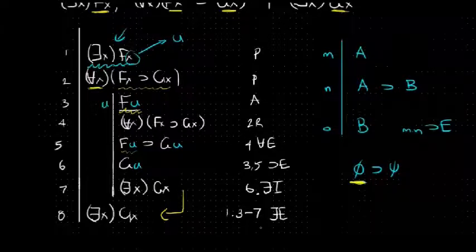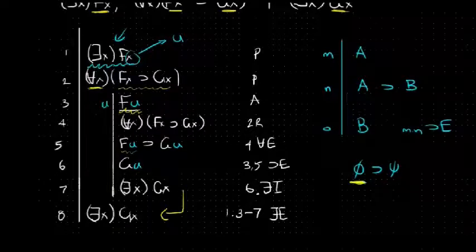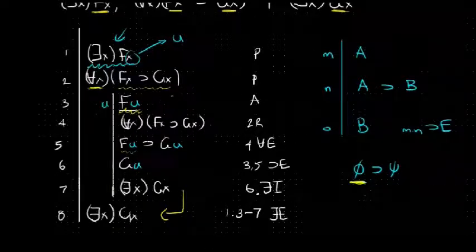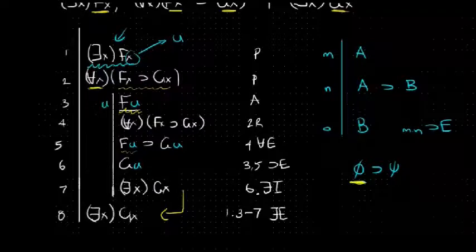Okay, so there's more moves in here than there are in the other rules that we've looked at before, but they're all quite basic moves. The important thing is that we remember that for an existential elimination, I think the most important thing to remember perhaps is just that in order to derive a particular formula from an existential elimination, the scope bar needs to end with that exact formula.